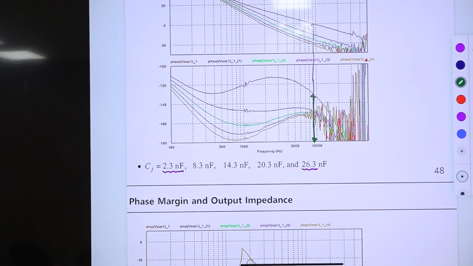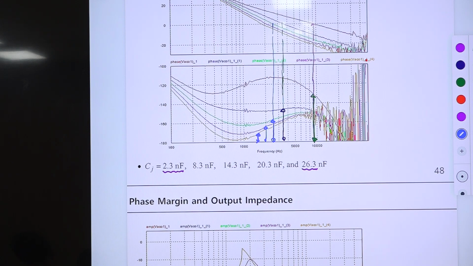Second case, the loop gain crossover frequency is here, and the phase is this blue one. Then phase margin is this much, and this green curve, loop gain crossover frequency is here, and phase margin is here, and the next one, this phase margin is vanishing. Okay, so this is the case.